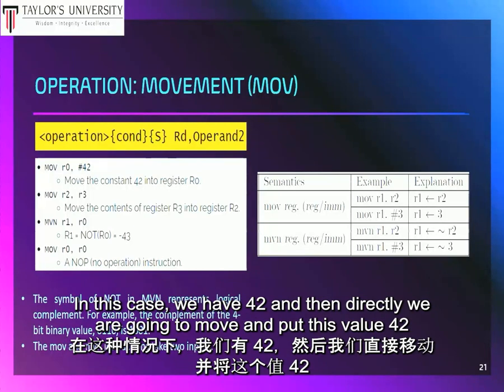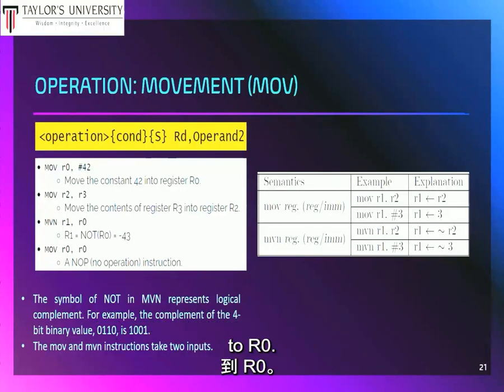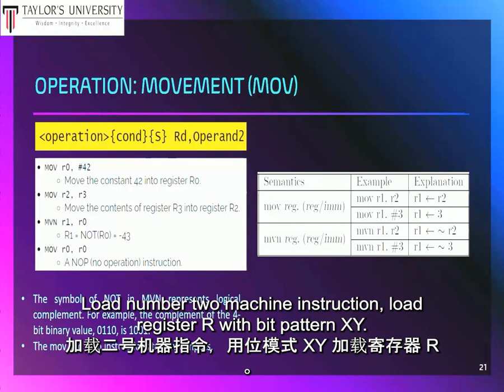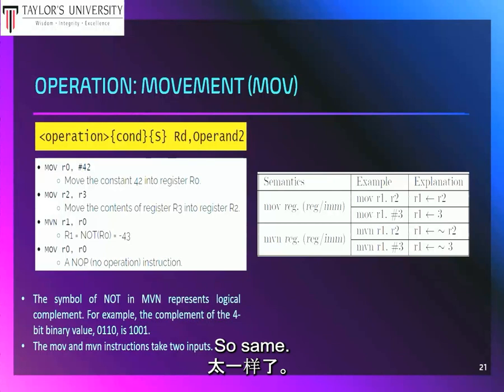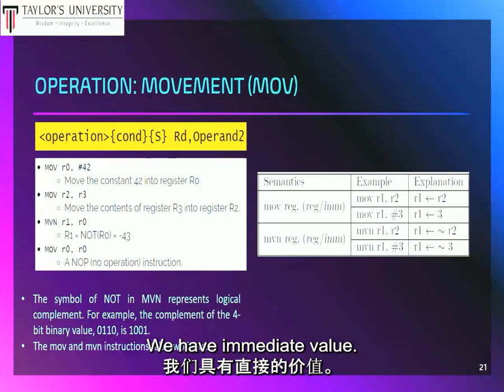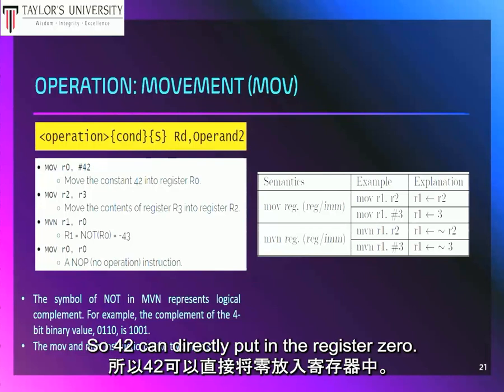In this case, we have 42, and we directly move and put the value 42 into R0. It's like machine language instruction, opcode number 2: load register R with bit pattern XY. So in assembly language, 42 can be directly put in register 0.